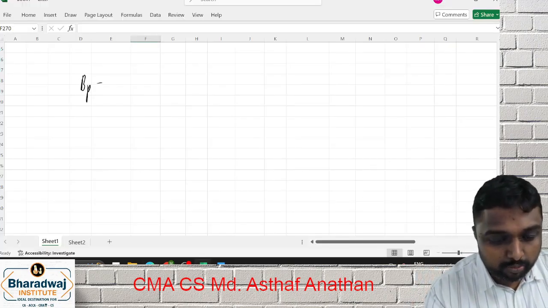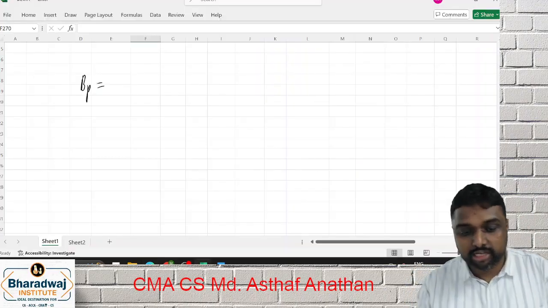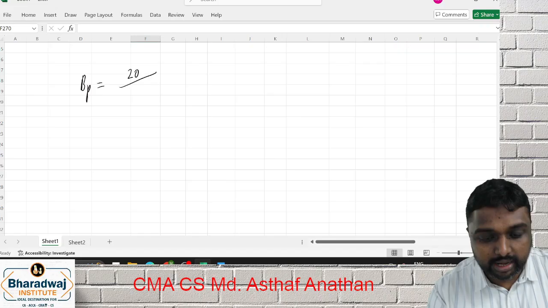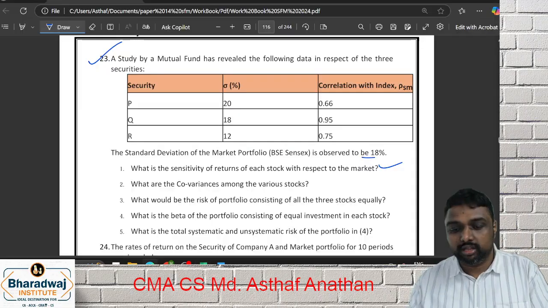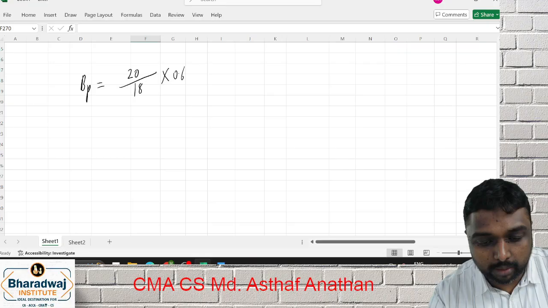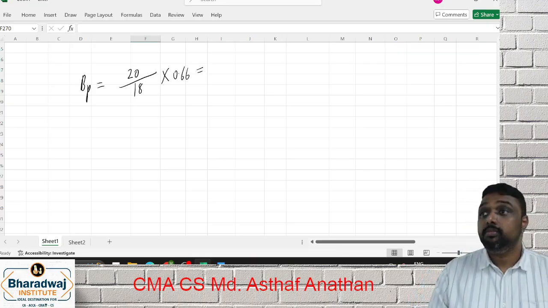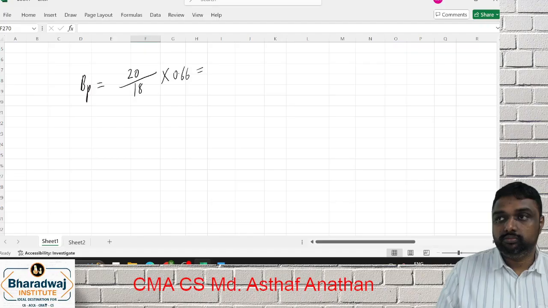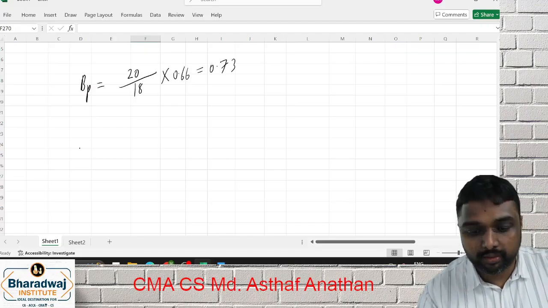So beta of security P: standard deviation is 20, standard deviation of market is 18, into correlation. How much correlation is it? 0.66. Then how much will we get for beta of P? 0.73.